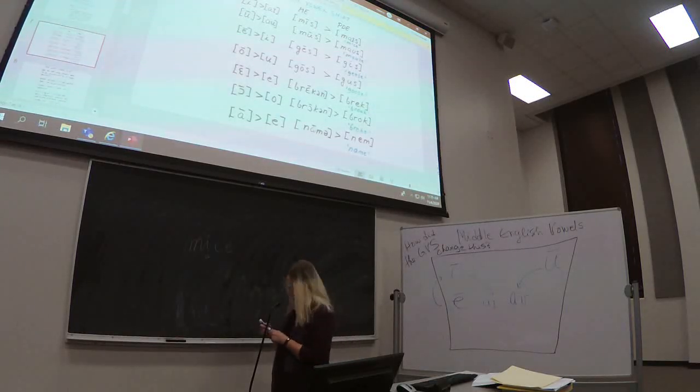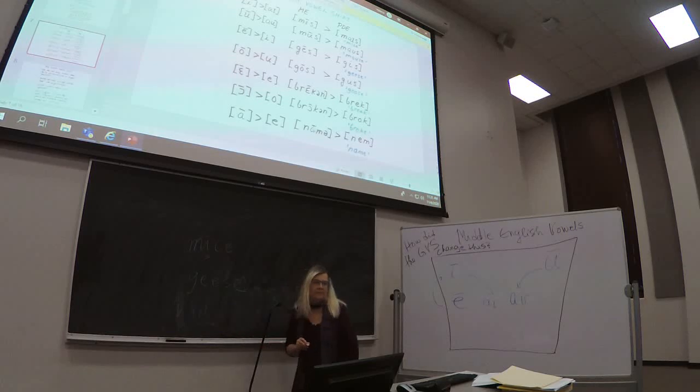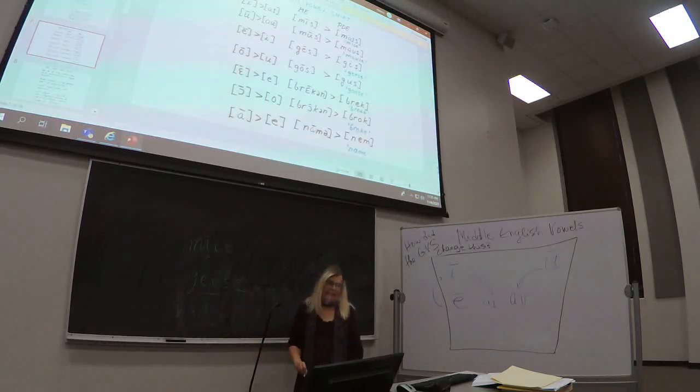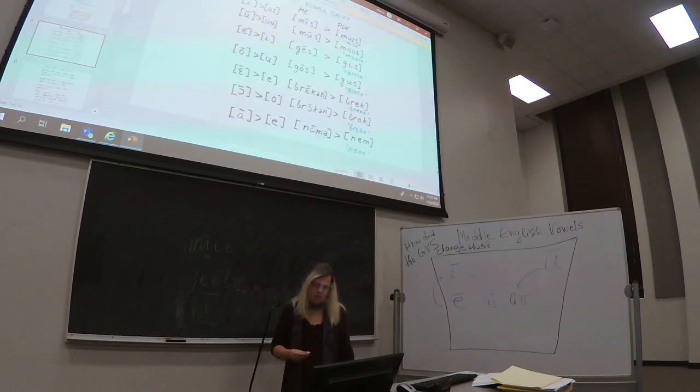What we are still doing today, though, see how we write it? We write it as if we still lived in the Middle English times with the long E sound, but we don't say geese like in Middle English, it's geese in present day English. Already that change happened in early modern English.